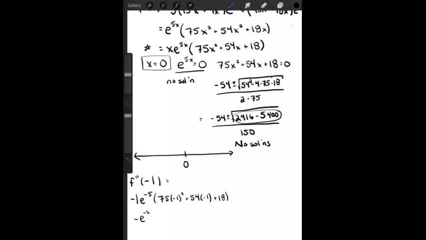So negative e to the -5, that's a negative number, because e to the anything is positive, and if we negative it, then it becomes negative. -1 squared is +1. That -1 turns it into subtraction. So this guy right here is positive. This guy right here is negative. And when you multiply something negative by something positive, you get something negative.